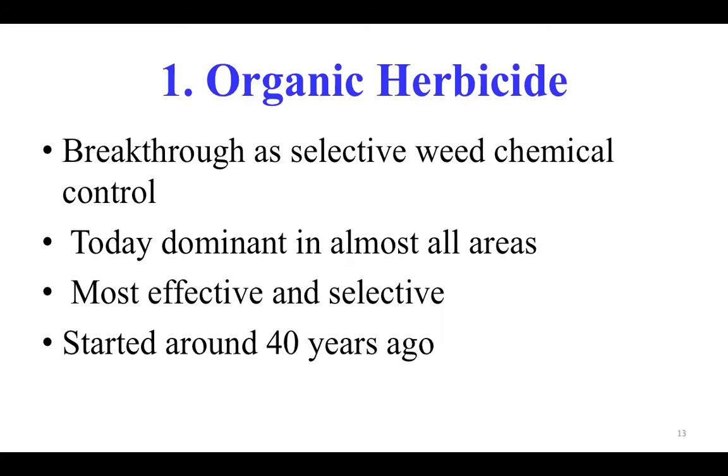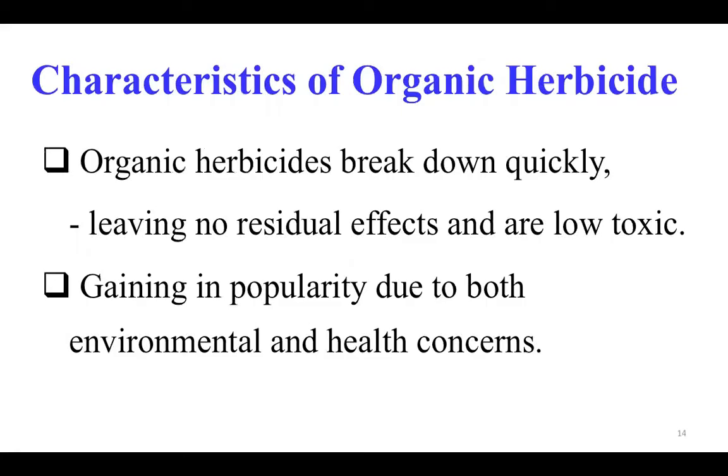They are most effective and selective also, and their use started around 40 years ago. They are considered to be low toxic. If the concentration reaches a lower level, then they are considered to be toxic.